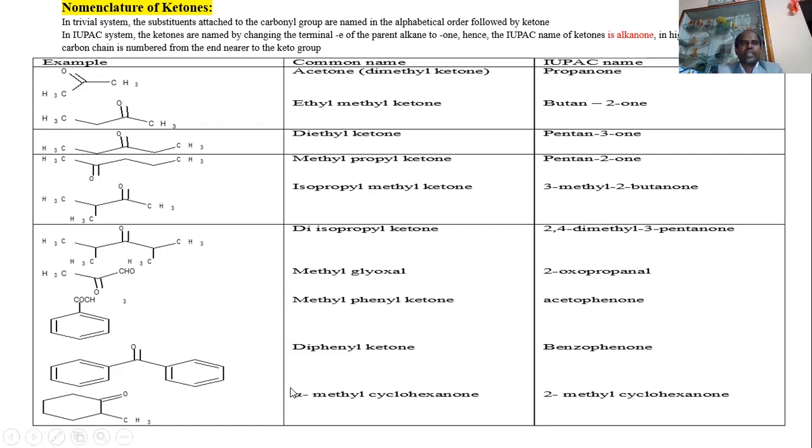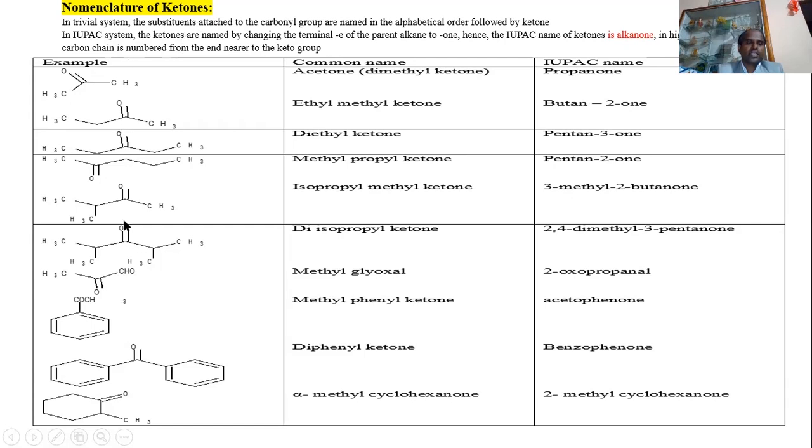So two things we need to remember when we are naming ketone as per IUPAC name: the terminal E of alkane is replaced with ONE, and we have to assign the least number to the ketonic carbon. These two things we need to remember when we are assigning an IUPAC name to the ketones.